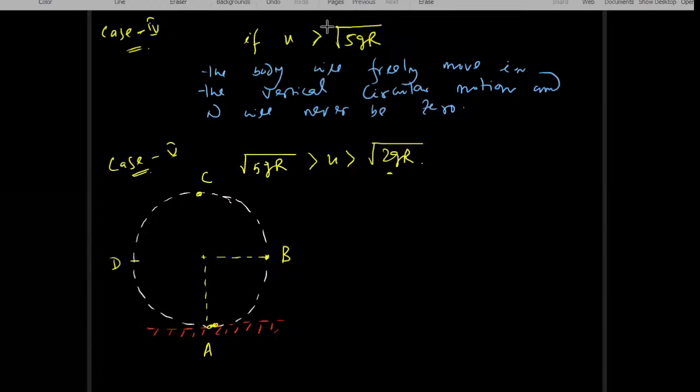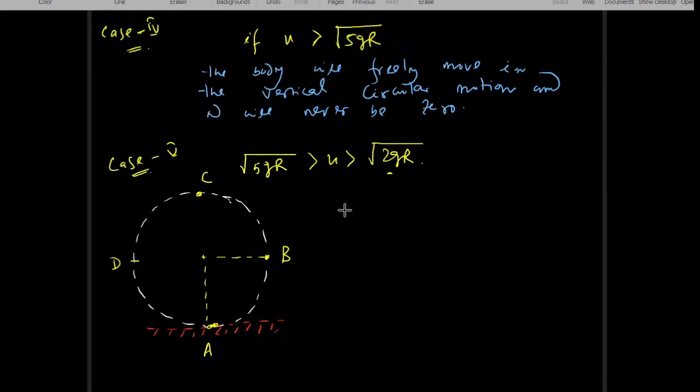हाँ बोल. सर √3 GR था ना कल? कौन सा? सर पॉइंट बी को क्रॉस करने के लिए. नहीं, रीच अभी वहां पे रीच करने के लिए. वो तो अगर नो, √3 GR था, गलत सोच रहा है. If the velocity at the bottommost point is √5 GR, then at B the velocity is √3 GR. But to just reach point B, the velocity required at point A is √2 GR. So don't get confused between these two. है ना? Okay.